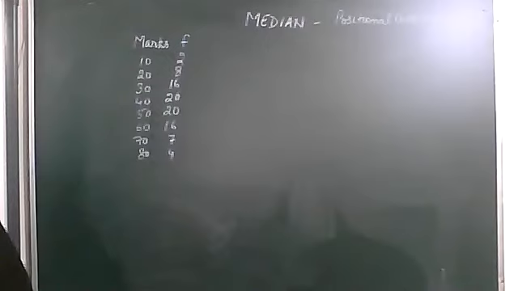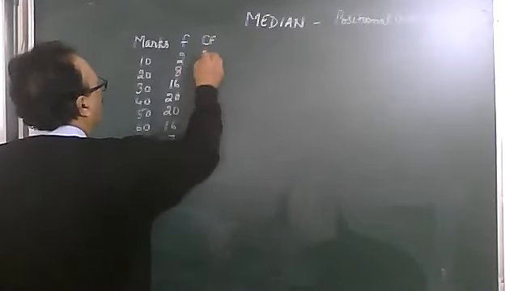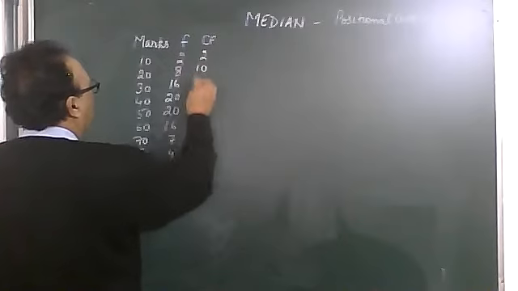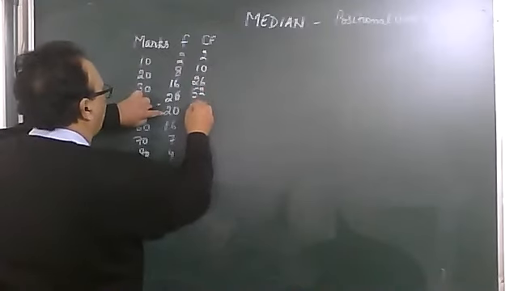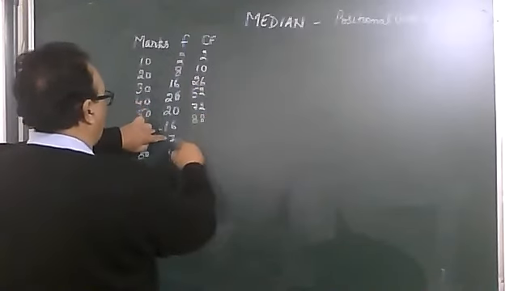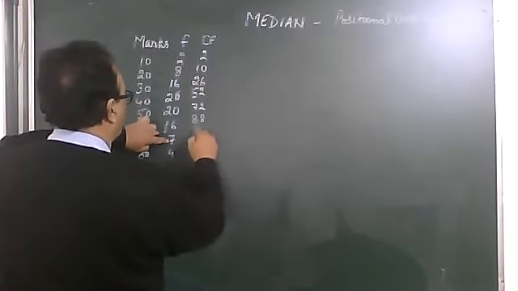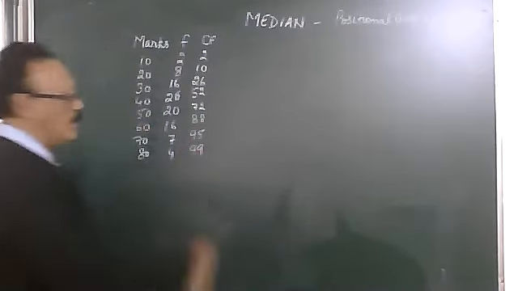At once you know it is a discrete series when frequencies are given. When frequencies are given in a median, the first thing that we do is accumulate the frequencies. 2, 2 plus 8, 10, 10 plus 16, 26, 26 and 26, 52, 52 and 20, 72, then 86, 88, 88 and 7, that is 95, 95 and 4, 99.